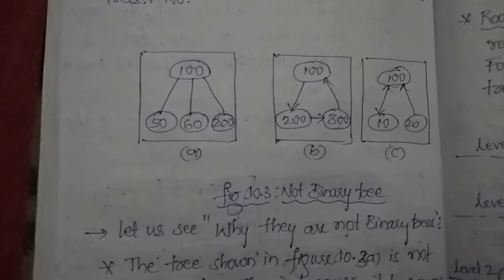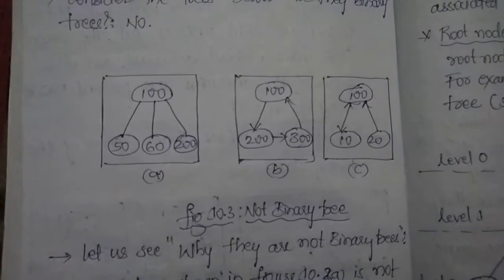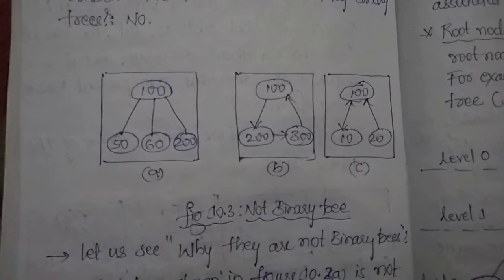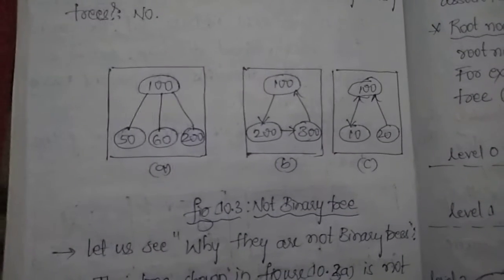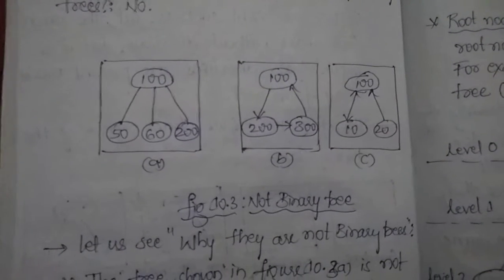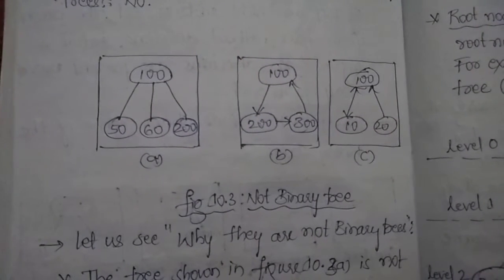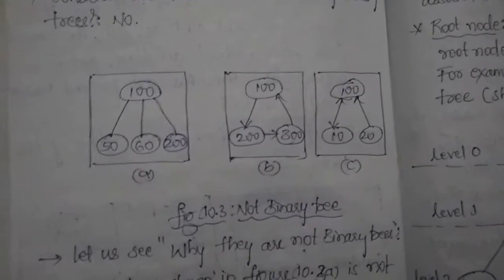There should not be any cycles, so this is not a binary tree. In figure 10.3c, node 100 has subtree 10 and 10 has subtree 100. If 10 is a subtree of 100, then 100 cannot be a subtree of 10. So this is not a binary tree.